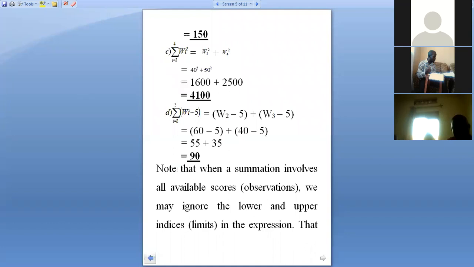My understanding is that it should be W squared, with I as a subscript down. Yeah, that is it.